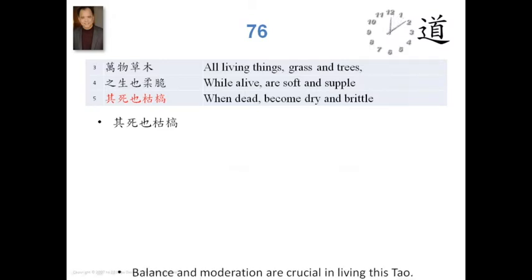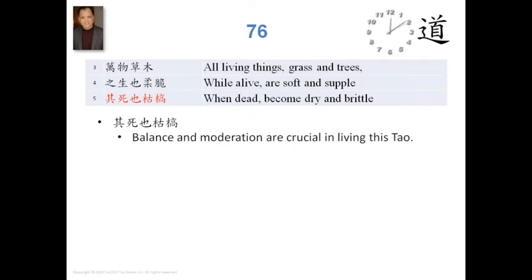So there's a little bit more that I want to cover here. I want to note that when you put this particular chapter into practice in your life, you want to be very mindful of balance and moderation. Why? Well, I'll give you some examples.